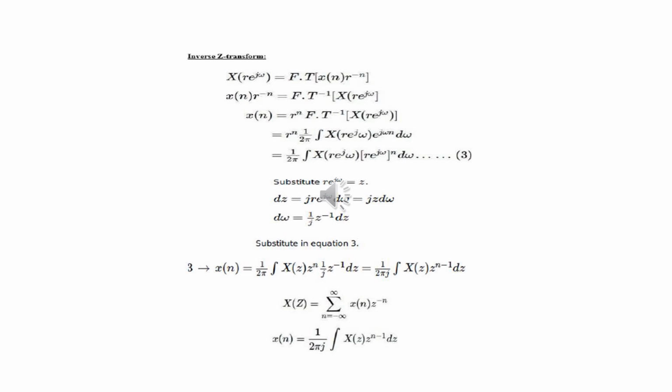Substituting this in equation 3, we get x(n) is equal to 1 by 2 pi j integration of capital X(z) into z to the power n minus 1 dz.